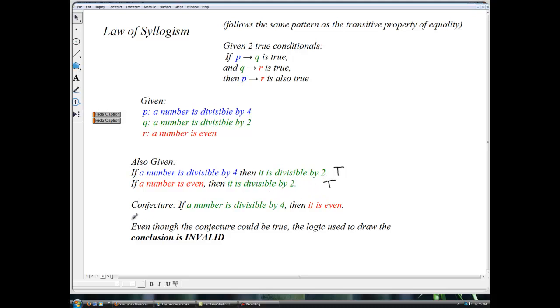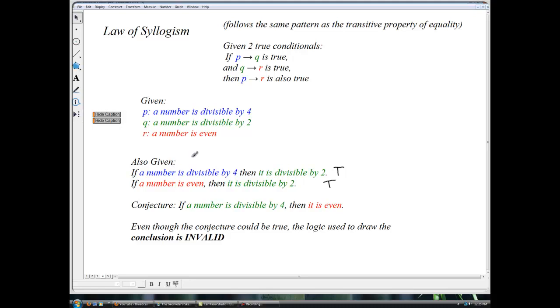However, this conjecture, if a number is divisible by 4, then it is even, does not follow that transitive property pattern: if P then Q, and if Q then R, then if P then R. This arrangement says if P then Q, and then instead of taking Q and making it our next hypothesis, we introduce a totally brand new hypothesis, which is R, a number is even.